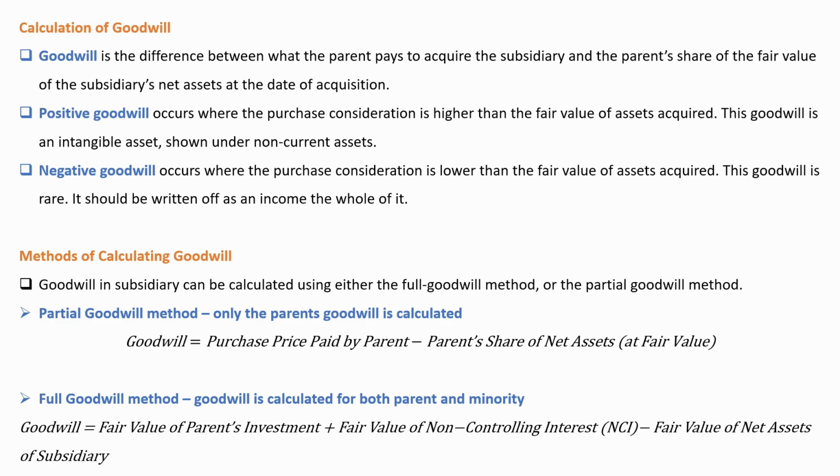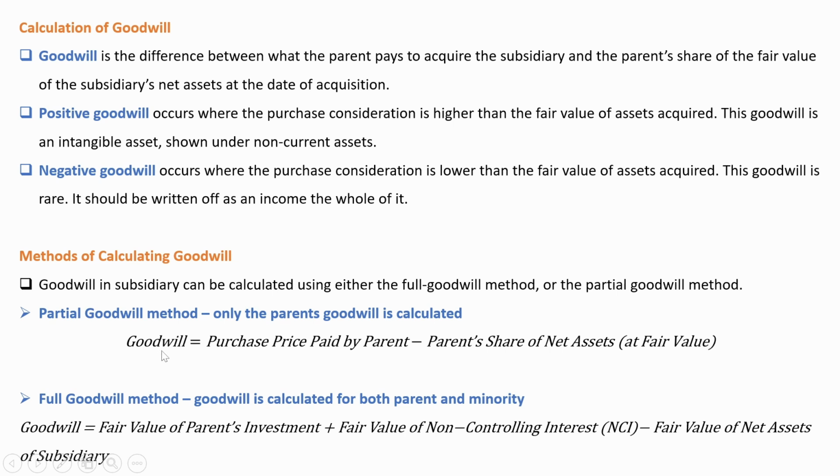So when it comes to subsidiaries, there are two ways of calculating the goodwill. Goodwill in subsidiary can be calculated using either the full goodwill method or the partial goodwill method. Partial goodwill method means that only the parent's goodwill is calculated.